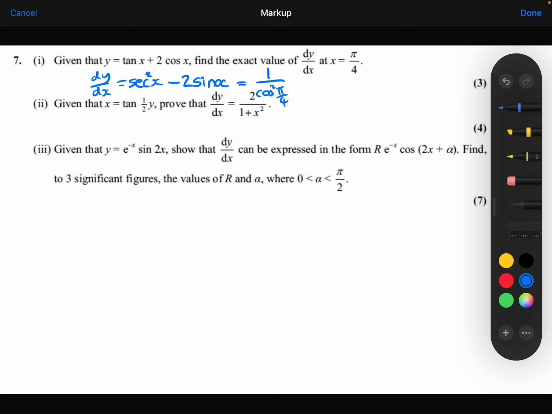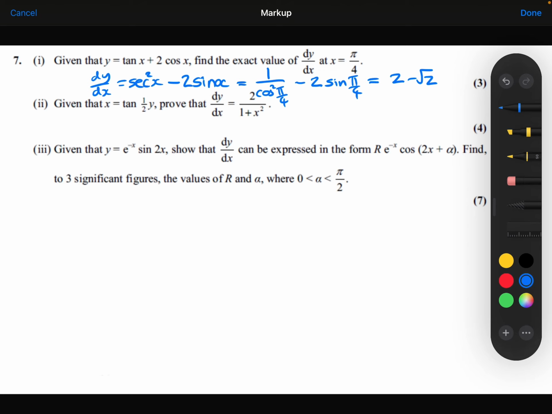So if I type in 1 over cos squared pi over 4, that's the same thing as me doing sec squared pi over 4. And then I can do 2 times sine pi over 4. And if I type that into my calculator, I'm going to get 2 minus root 2. So that's my answer for part I.